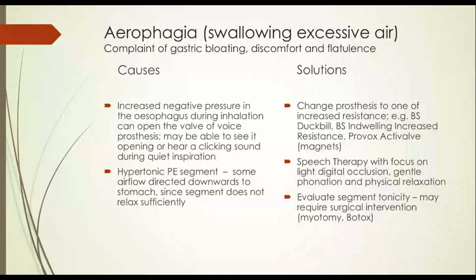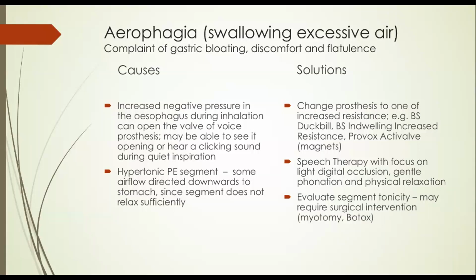We also just look at keeping patients comfortable with food so that they're not using quite as tense a production. Because again, with increased tension, you just end up getting more air down into the stomach rather than up through the valve.